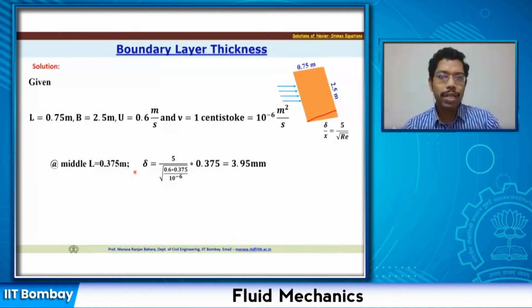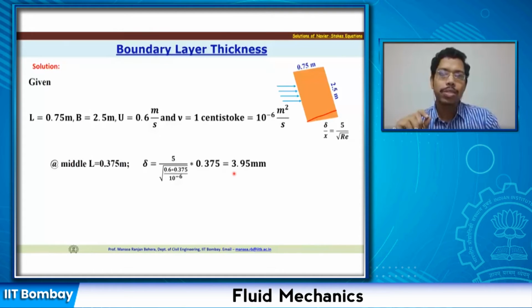So if we substitute the expression delta by x equals 5 by root Re, where Re is u x divided by nu, multiplied by x, the x that was here has come up here. Now by substituting all the values, the boundary layer thickness is going to be 3.95 millimeters.